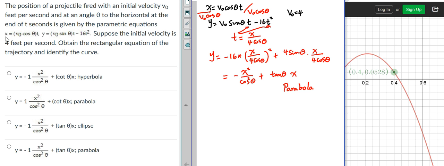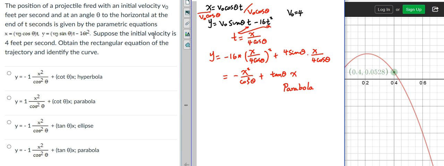Here we have x equals v sub 0 cosine theta t, where the initial velocity v sub 0 is 4, and y equals v sub 0 sine theta t minus 16t squared.